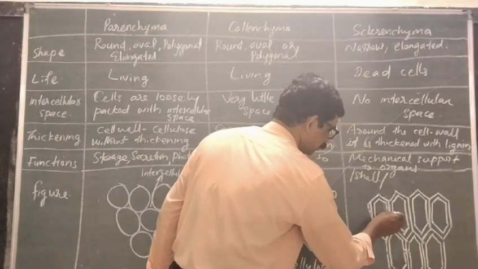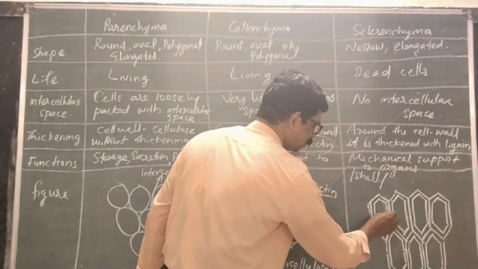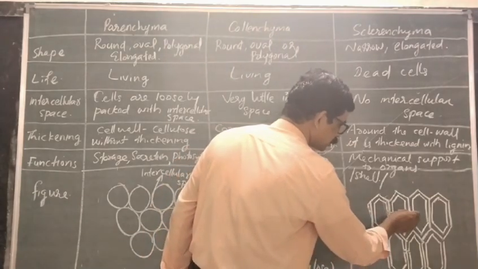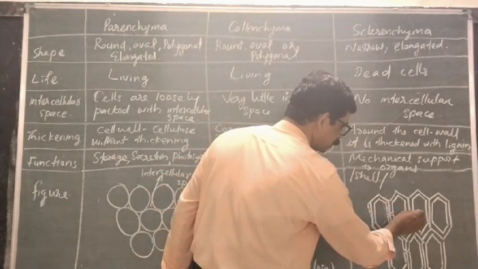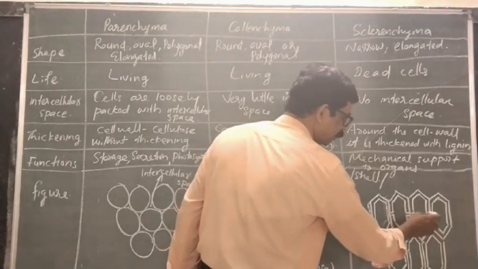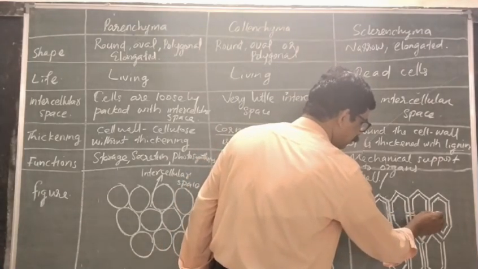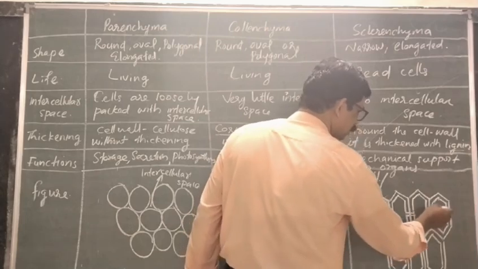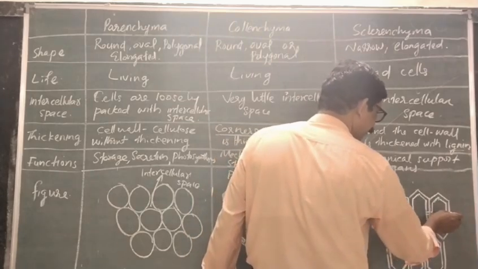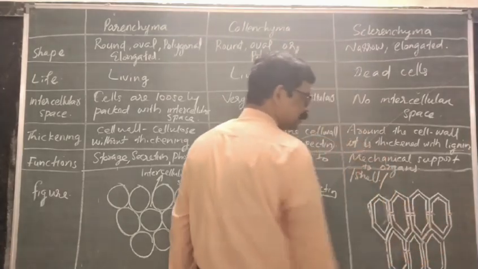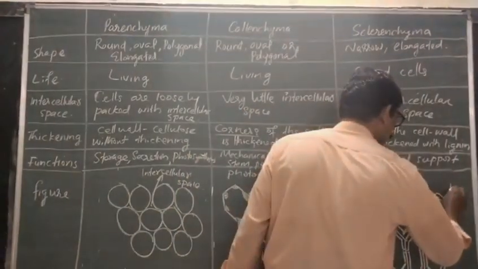The pit means there is no thickening at all. These are certain pore-like regions without thickening. The cellulose cell wall will be present, but the thickening will not be present. These regions are called pits.